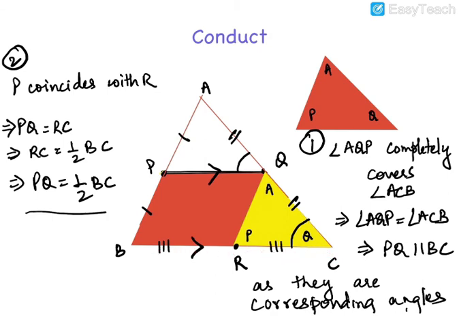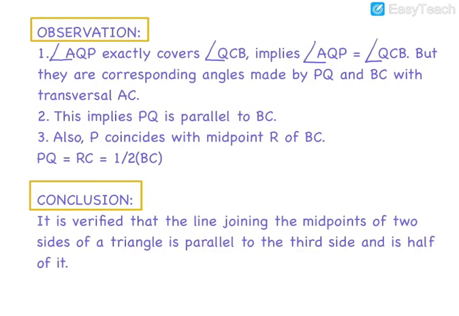This implies that they are corresponding angles made by PQ and BC with transversal AC. And therefore we can say that PQ is parallel to BC. Also P coincides with midpoint R of BC. And therefore PQ is equal to RC equal to half BC. These are the same points that I have written over here.